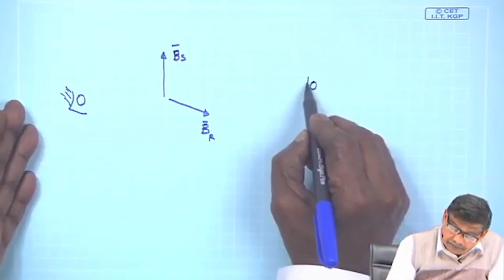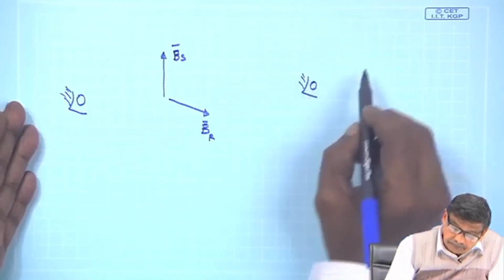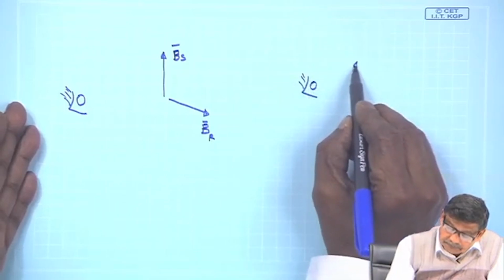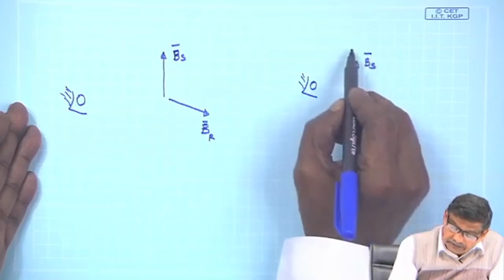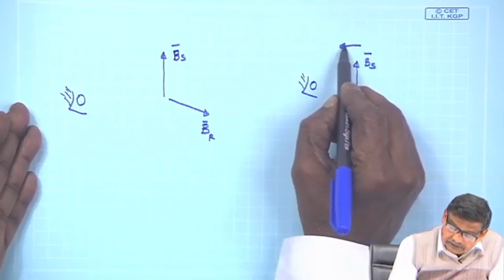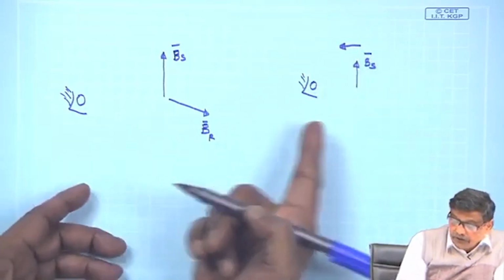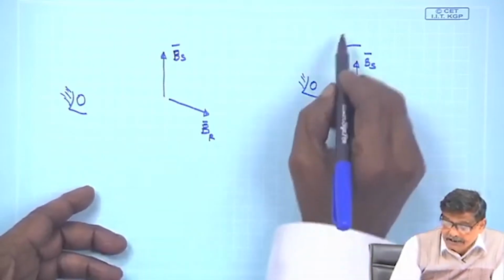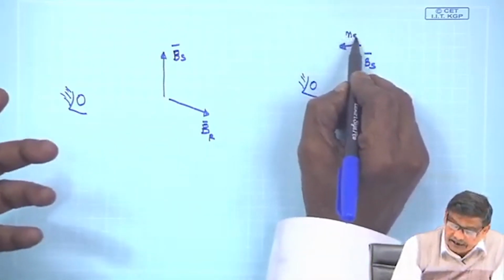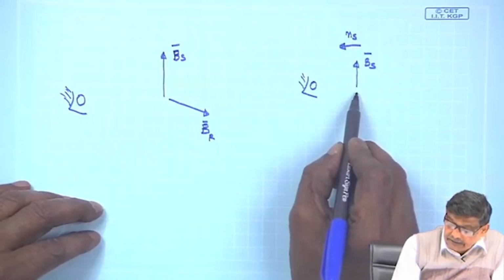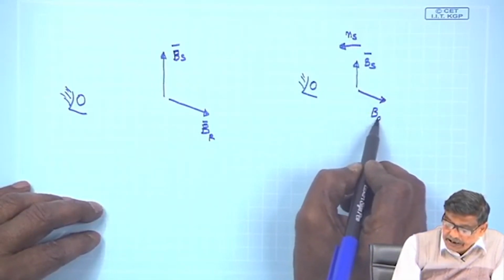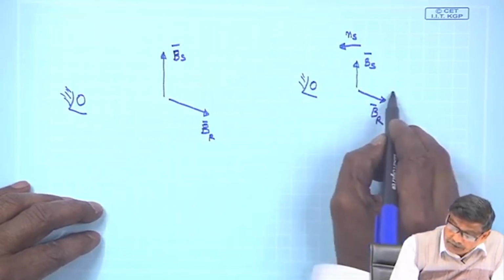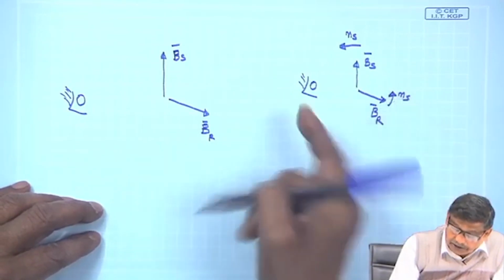If you find that the stationary observer is concluding that with respect to him Bs is moving with some speed ns rps, he will say that Br is also moving with the same speed with respect to him.